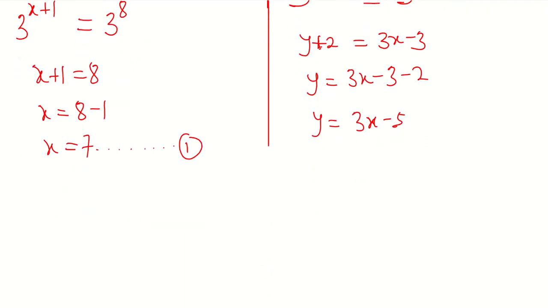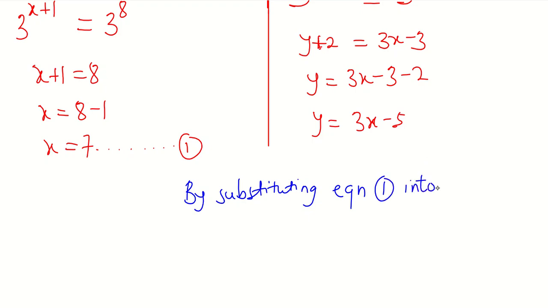By substituting equation 1 into equation 2, which means you label this as equation 2, we have y = 3x - 5.